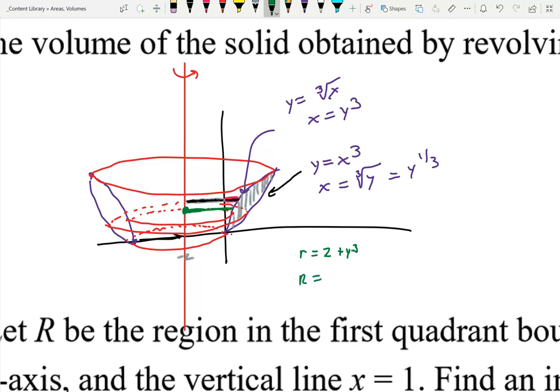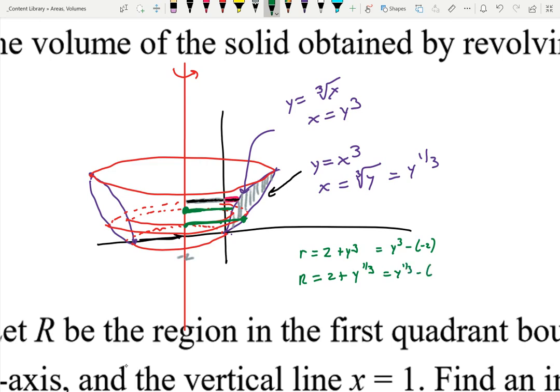Outer radius, similarly, is going to be 2, that's that length right there, plus the value of the farthest to the right function, which in terms of y is y to the 1/3. Now, once again, I want to show you that these are actually of the form function minus axis of rotation.